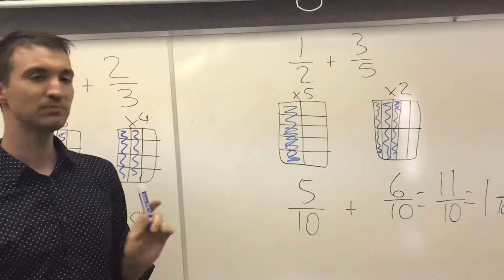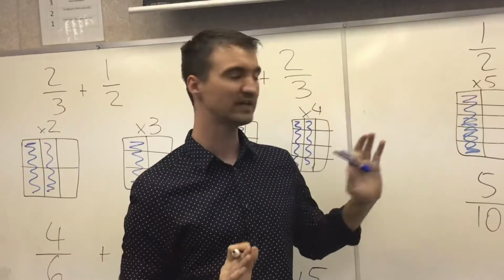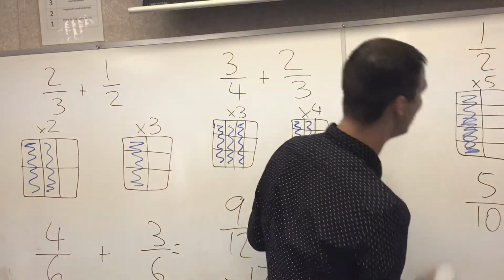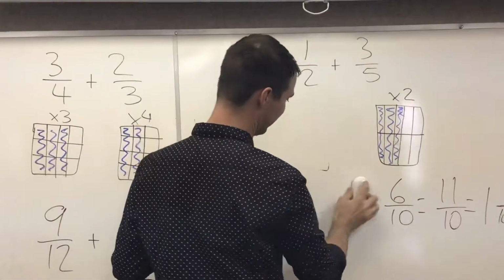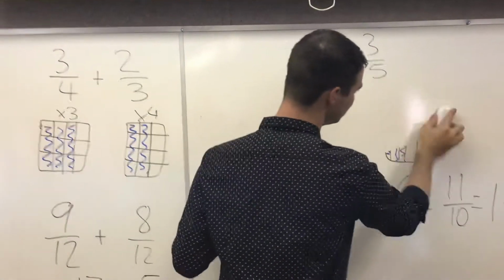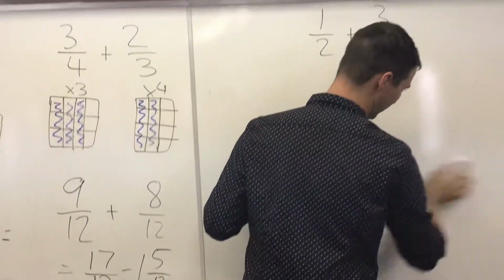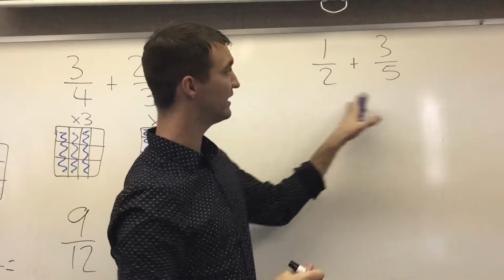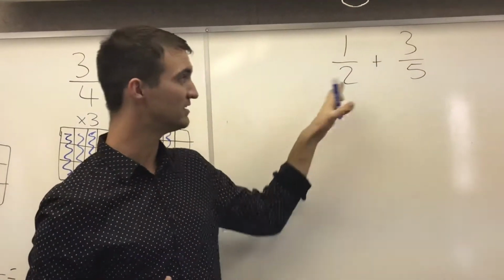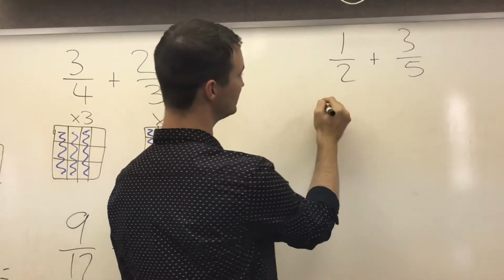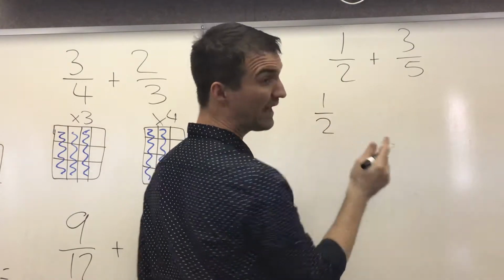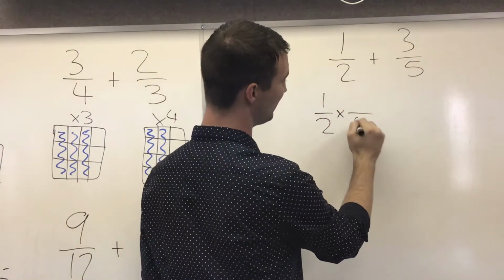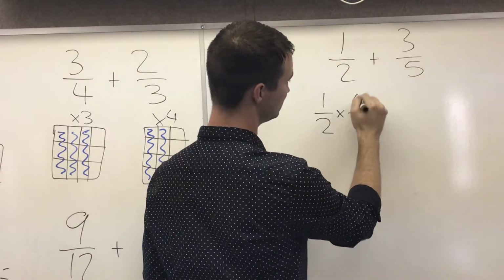Now, I will explain one brief thing to make it a little bit shorter, so we can take a shortcut sometimes. If we don't want to do the whole area method or box method, if you will, and represent it like that, we can do it a much easier way. We know that 2 can't go into 5, so our common denominator has got to be these two numbers multiplied. So I can take 1/2 and say, I know it's multiplied by 5 to get my common denominator.